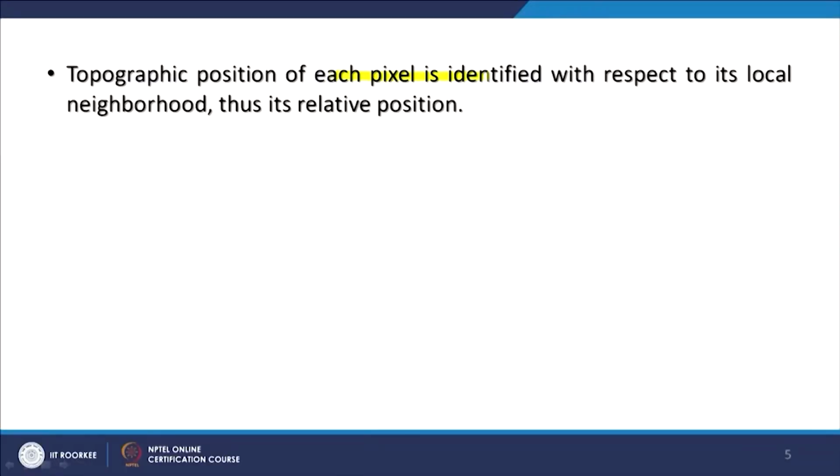The topographic position, that is whether it is a convex area or concave area, for each pixel is identified with respect to its local neighborhood. Also, in the previous discussion we used a three-dimensional 3 by 3 matrix or kernel and found the relative position in the surrounding neighborhood. If in a neighborhood we find that the center value is less, that means it is a depression.